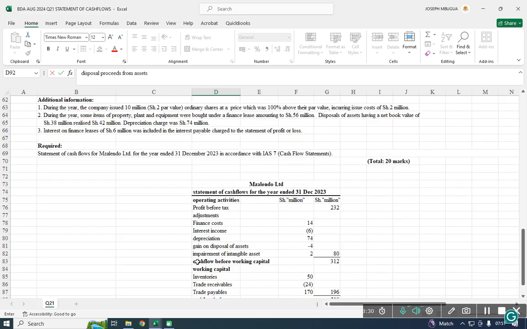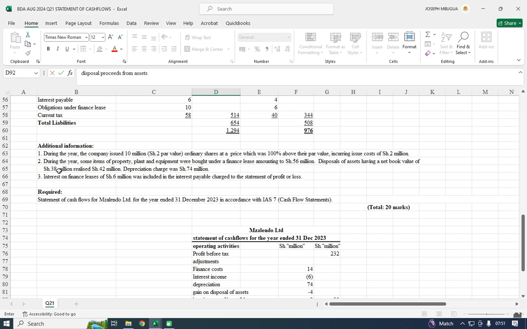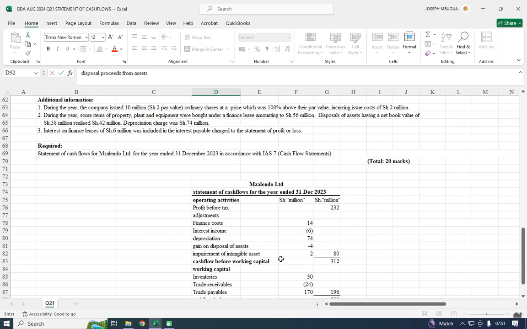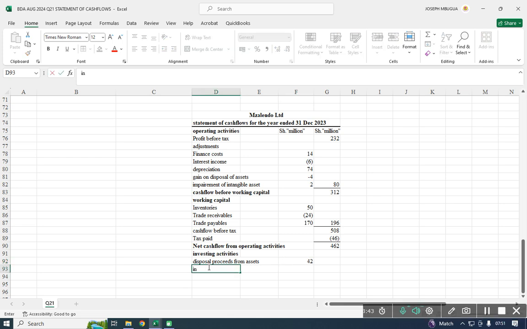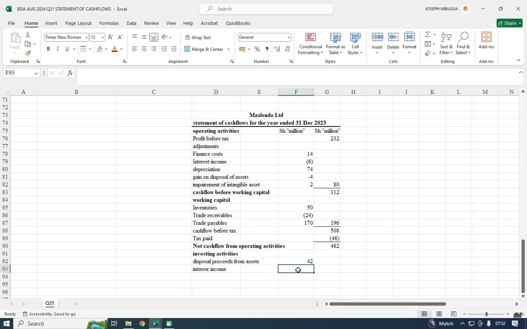Remember, we sold an asset in note number 2. We sold an asset of 38, which realized 42. So we had proceeds of 42. We had interest income. So this was an income as a result of investment.